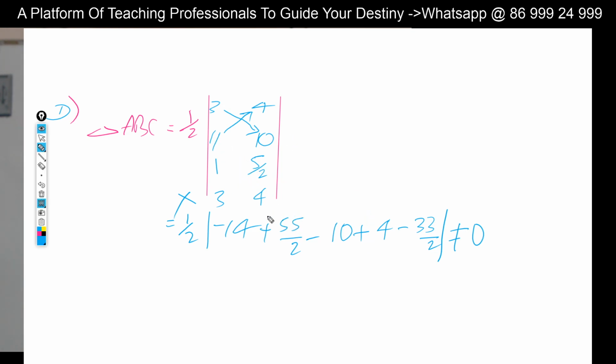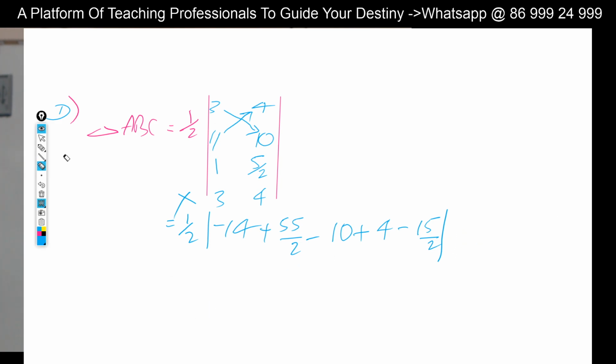Minus 10 is correct. This is plus 4, correct. Minus 15 by 2. Let us see this now. Whether it is 0 or not, it must be 0 because the first three options are not satisfied.